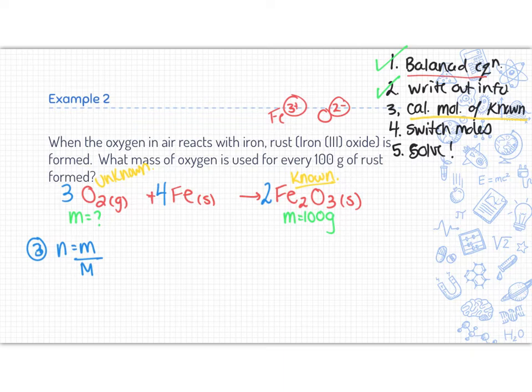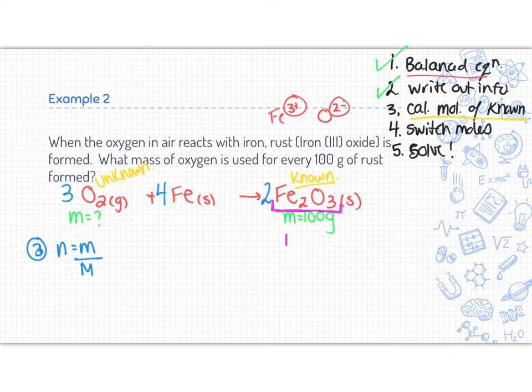Note, a lot of us, when we look at this, are concerned that there's a 2. When I calculate the molar mass of something, I never include the coefficient. This could be 2002 moles of iron oxide formed, and the molar mass will still be the same as for 2 moles.